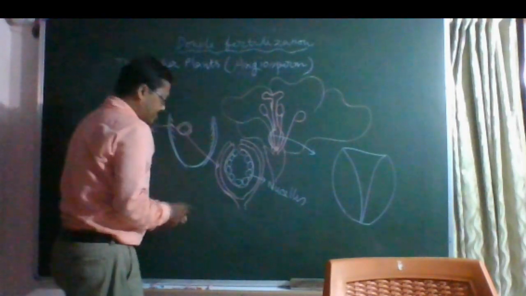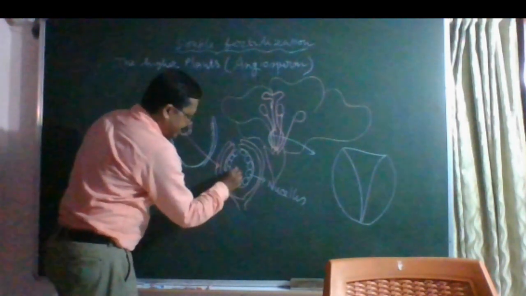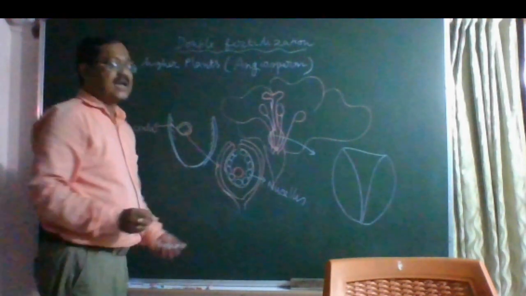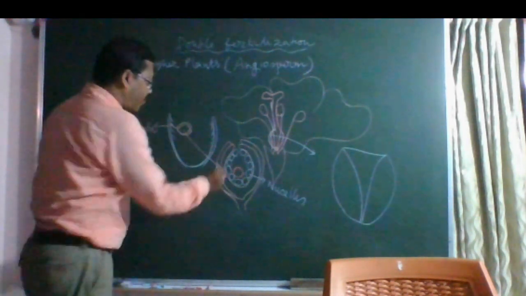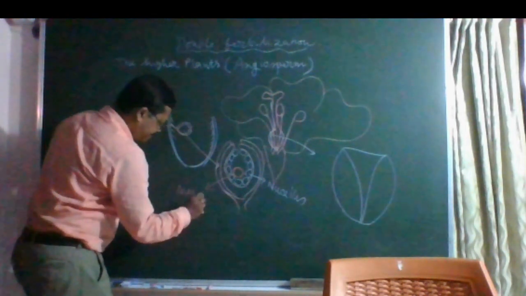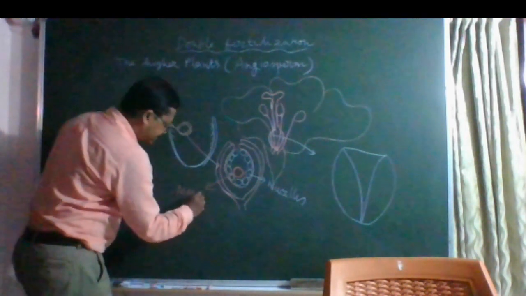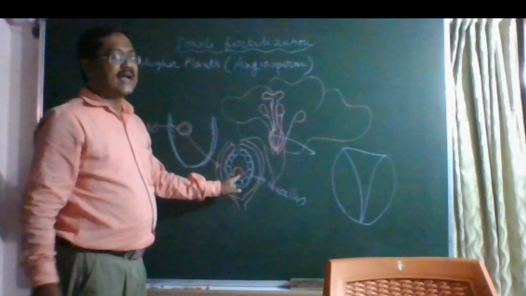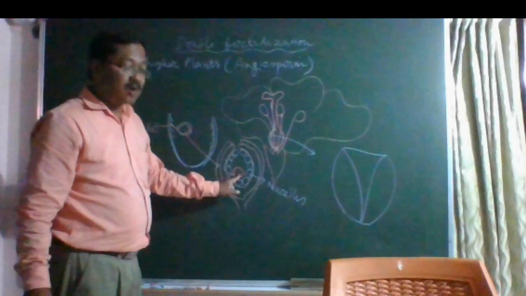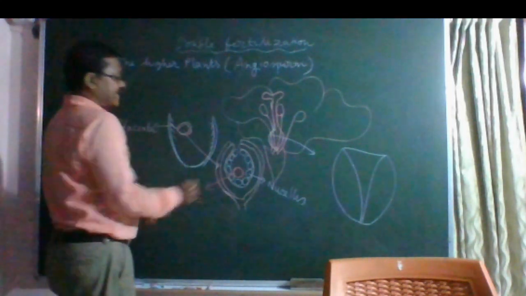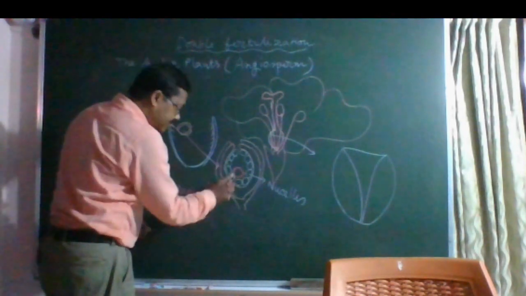Some of the nucellus tissue forms a special cell. The special cell is called megaspore mother cell. One cell may transform into megaspore mother cell. This megaspore mother cell undergoes meiosis.